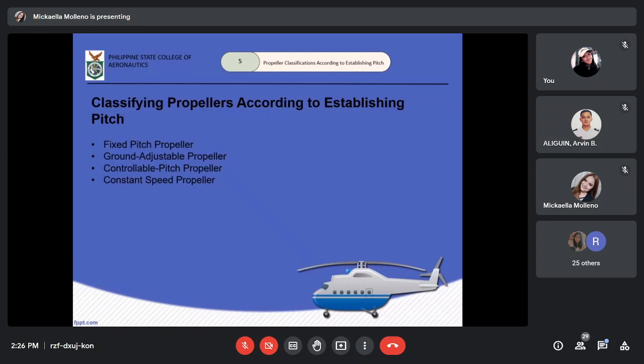It speeds up when diving and speeds down when climbing kasi nga iba na yung load ng engine natin during those flight phases. When it comes to mechanism naman, this one has what we call the governor, which senses the engine speed and it changes the blade angle to keep the engine speed rather constant.